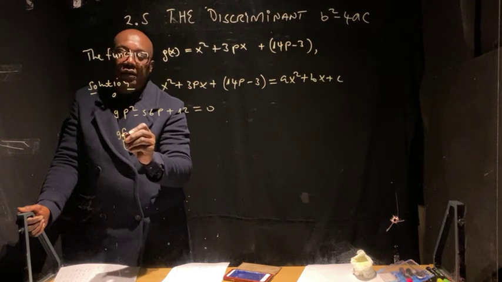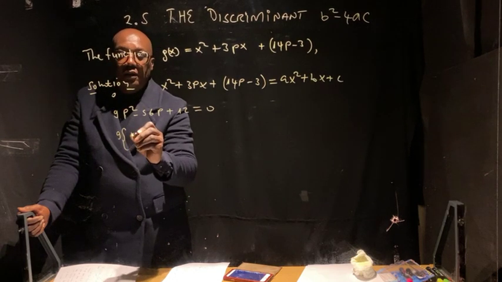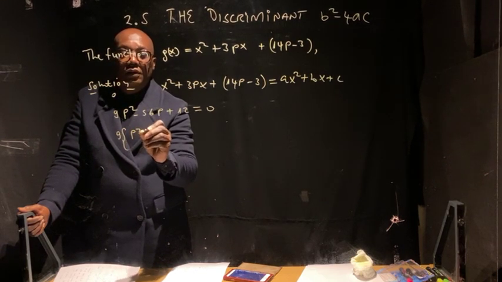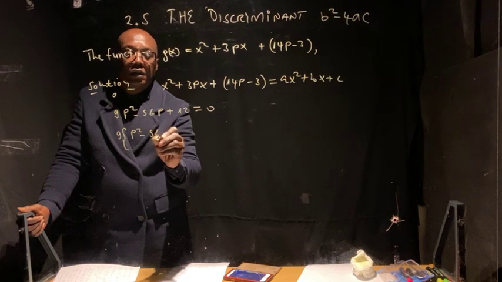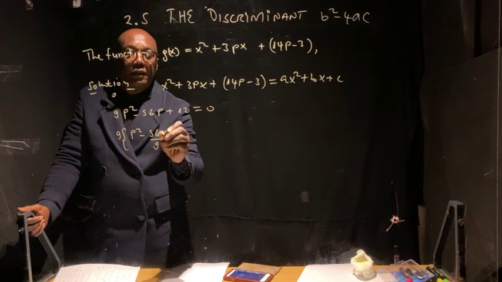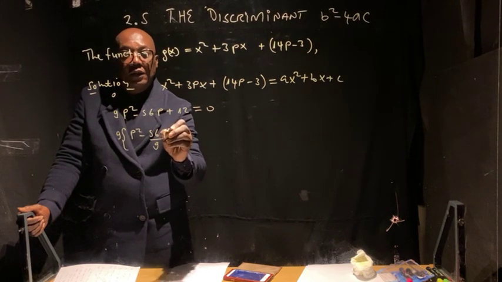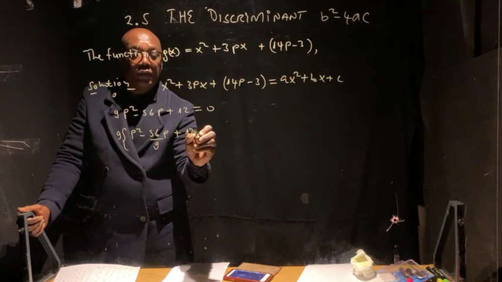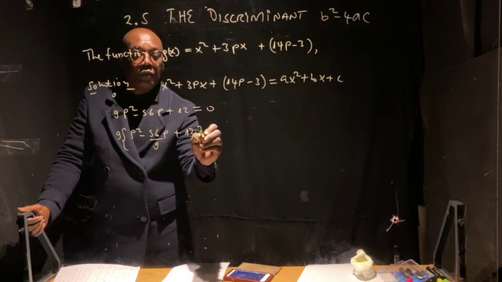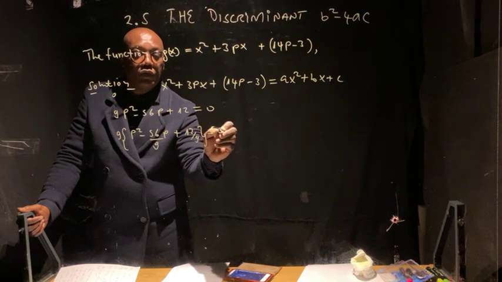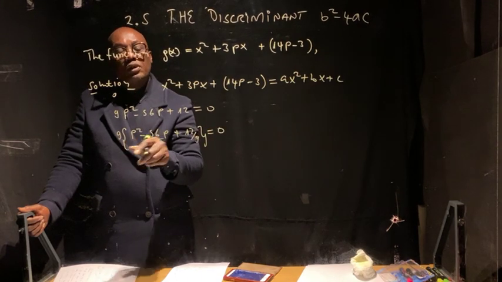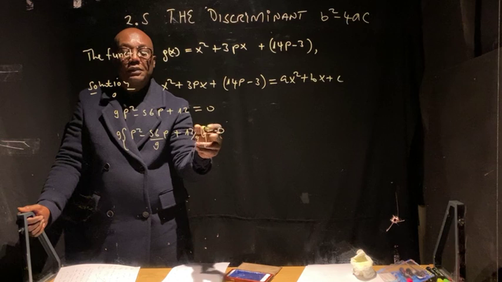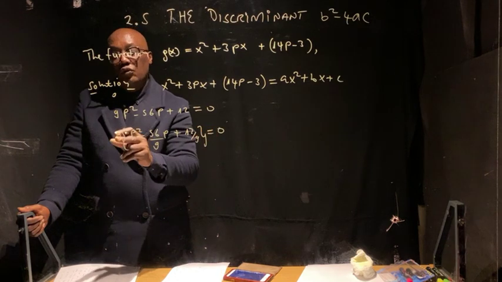We factorize 9 outside: 9 times (p squared minus 56 over 9 p plus 12 over 9) equals 0. We can divide both sides by 9 to do away with this 9.